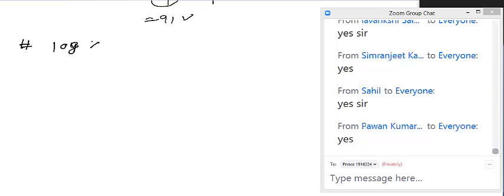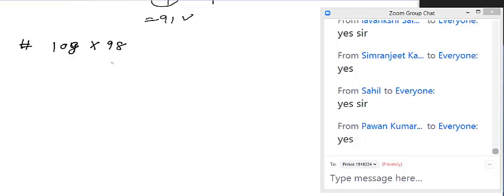Another example, students. Let me try another example. You can take 108 into 98. So one number is more than 100, another number is less than 100.